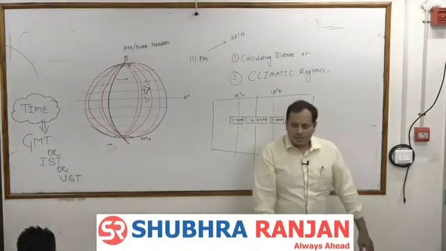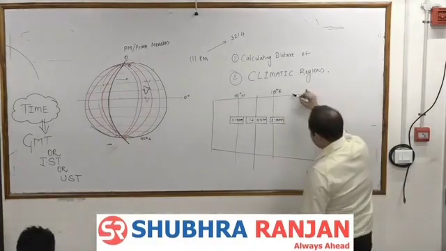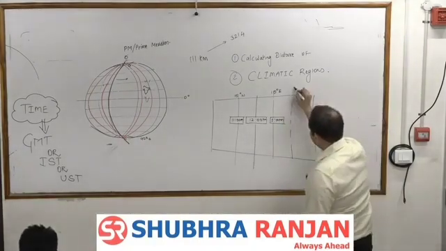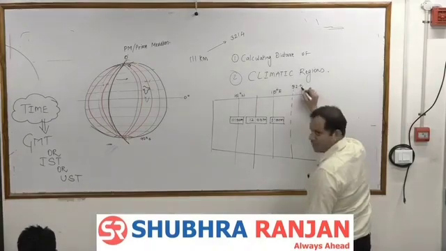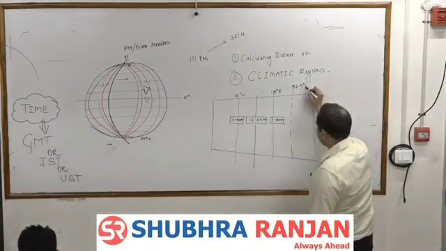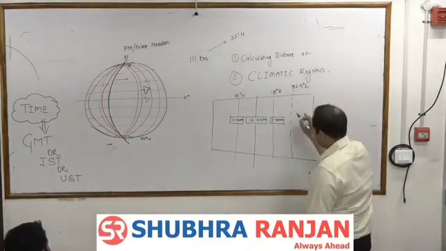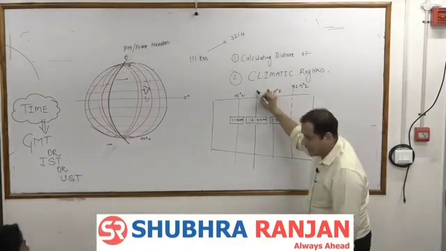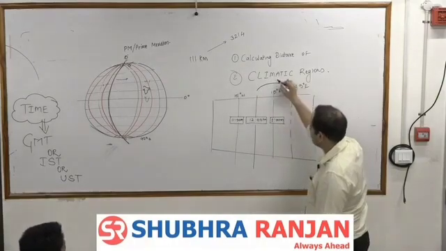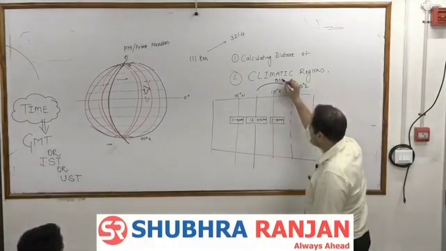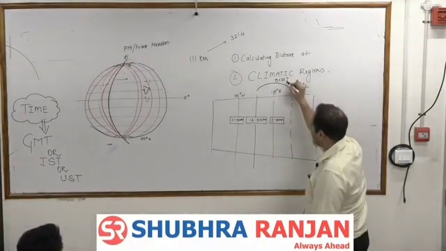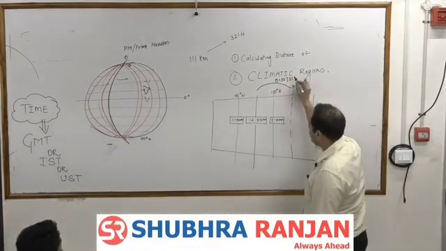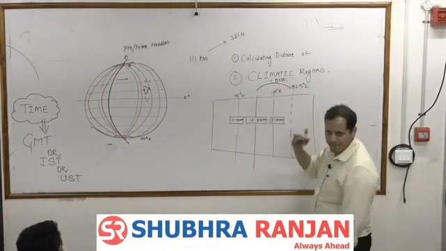Now because India is located at 82.5 degree east, we have chosen this. So as a result, if it is 12 AM in London, India is 5.5 hours ahead of London, or 5.5 hours ahead of International Standard Time.